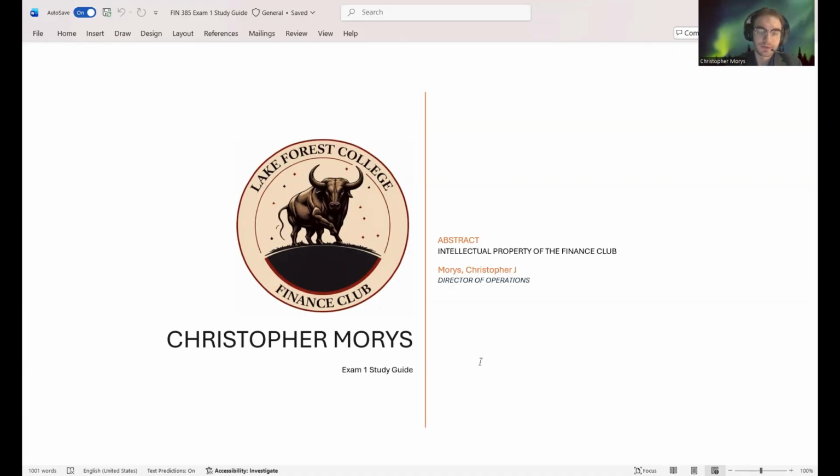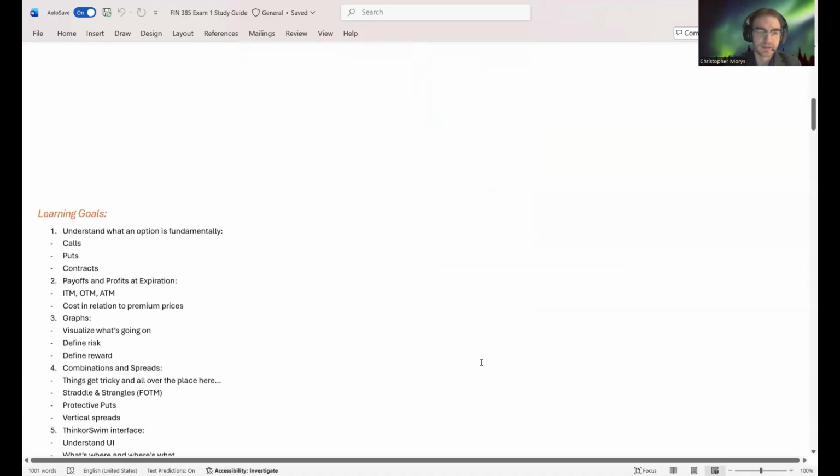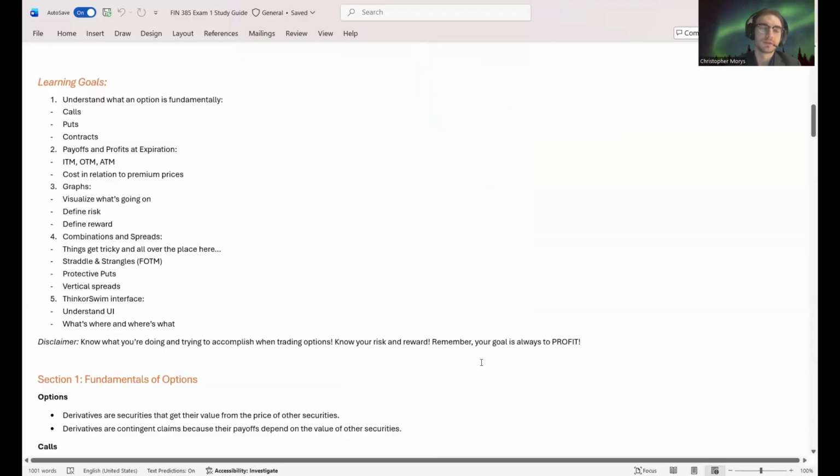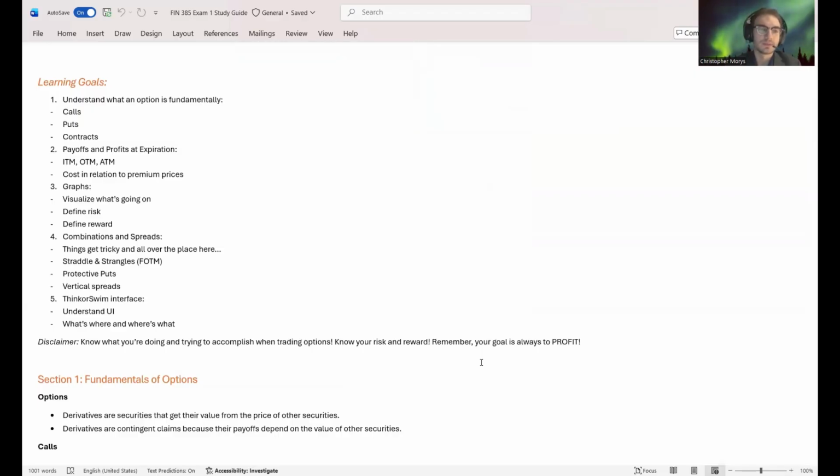All right, so first, let's get into our agenda. So our learning goals. Before we could get into anything option related, we have to understand the fundamentals, the foundation. So we need to understand what an option is fundamentally, right? And that includes what a call is, what a put is, and how contracts operate.